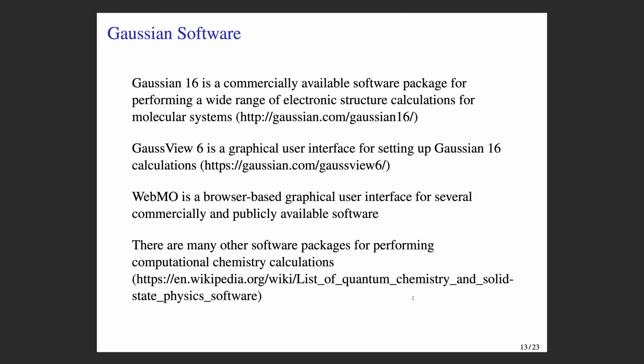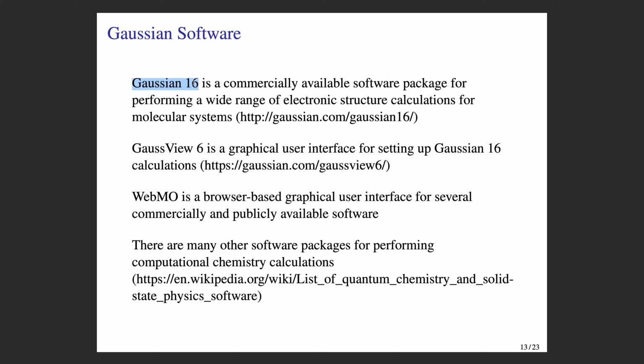Next, we're getting close to the end of this video, and I just wanted to point out some of the software that we're going to be using. We're going to be using an electronic structure software package called Gaussian. In particular, it's Gaussian 16, where 16 refers to the year that this particular version of Gaussian was released.